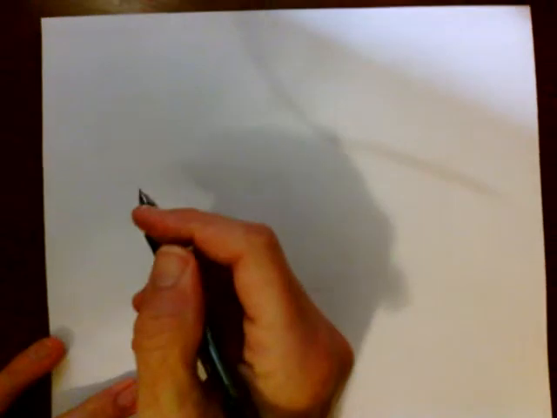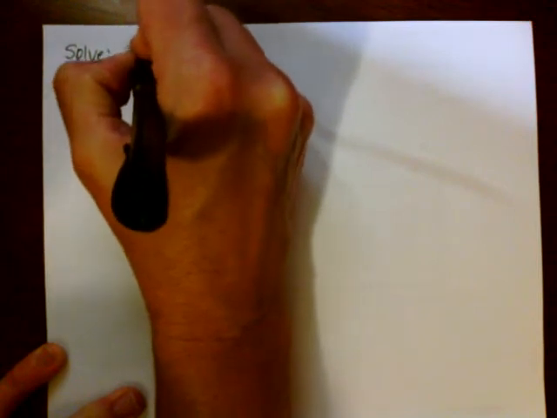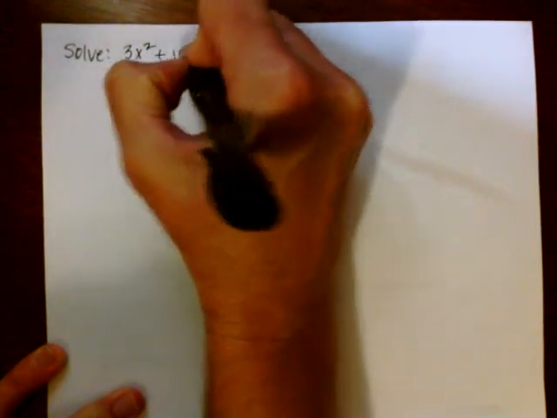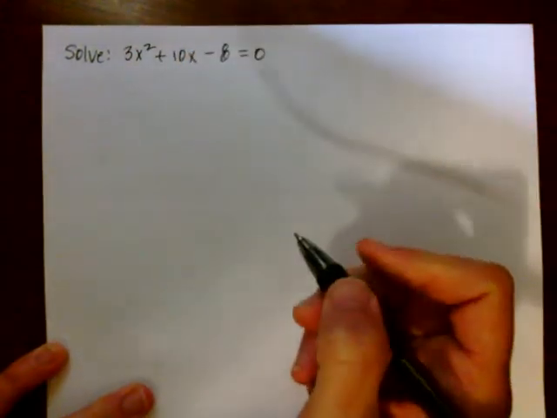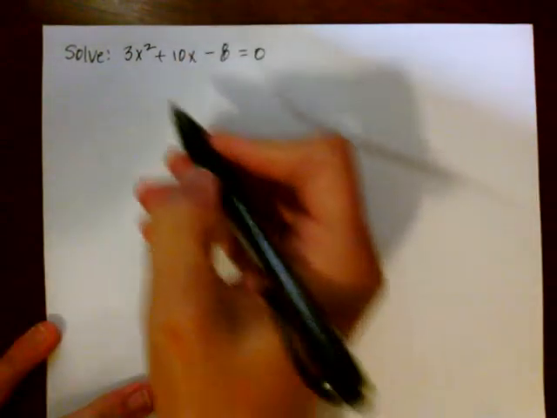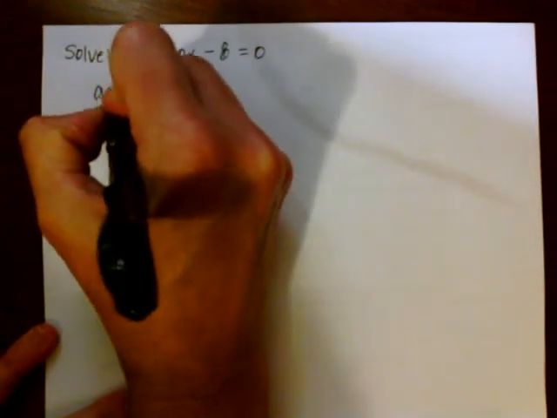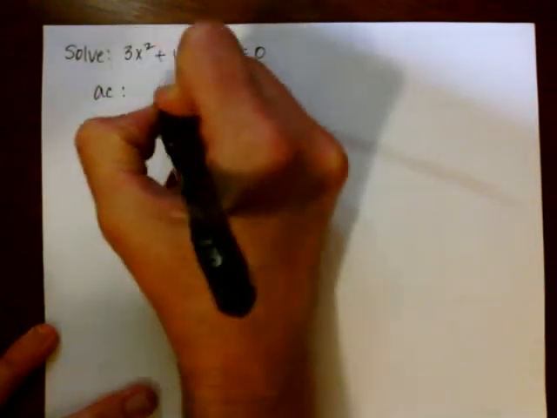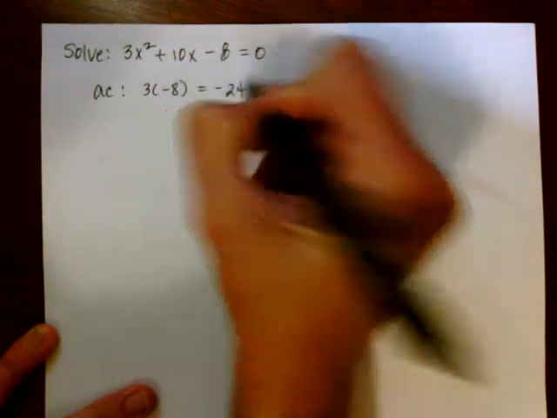Alright, so for our next example, I want to solve 3x squared plus 10x minus 8 is equal to 0. And again, I'm going to do the AC method because I have a leading coefficient that's not 1. So when I do my AC method, I'm going to get 3 times negative 8 is negative 24.